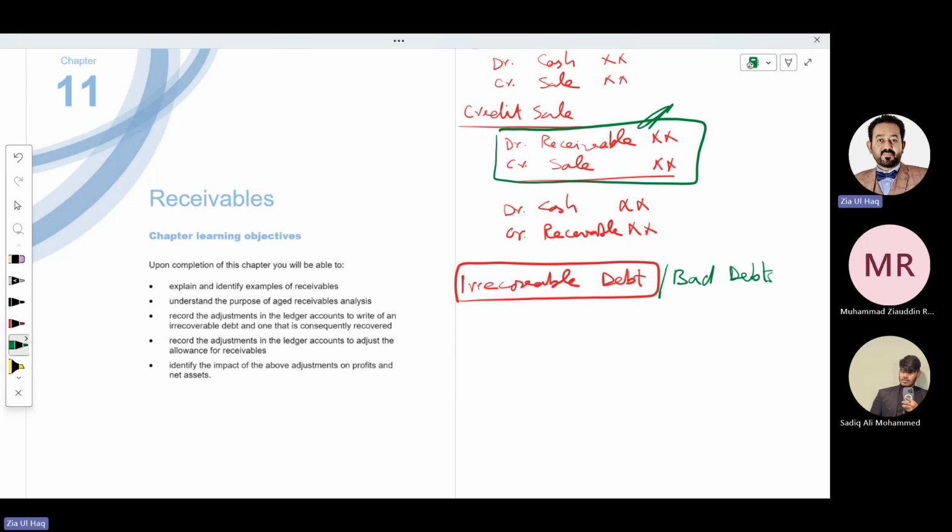In case of confirmed bad debts, this money will not be recovered.